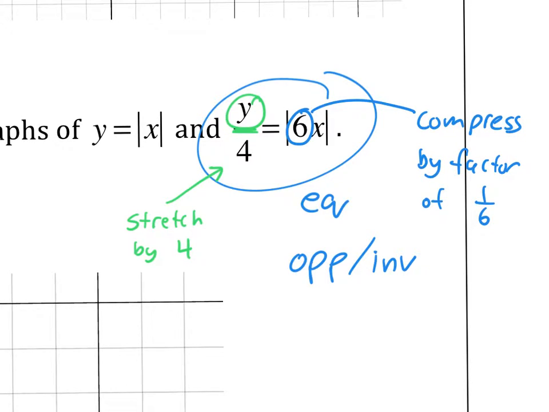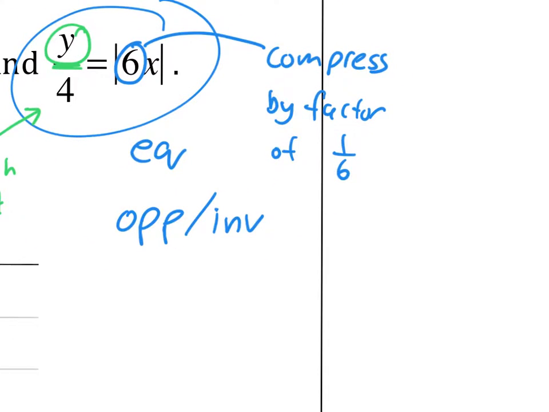Where did that come from? It's because it's inverse. Remember that 6 times x is the same as x divided by 1/6. Ugly to see because of this complex fraction here. But essentially what we're doing is dividing by 1/6. So this is how I'm quote unquote stretching it. Now, because of the 1/6, I'm going to compress it together.